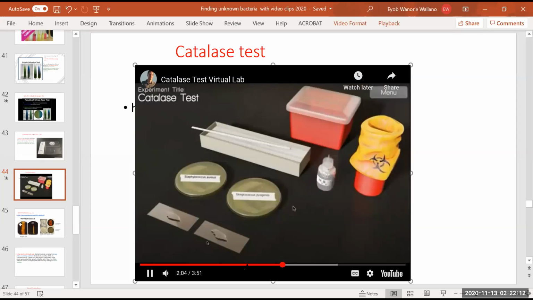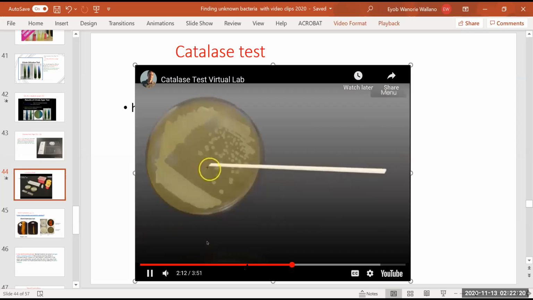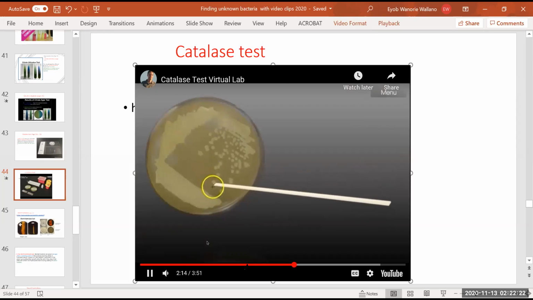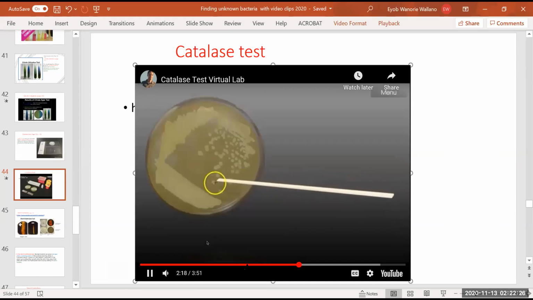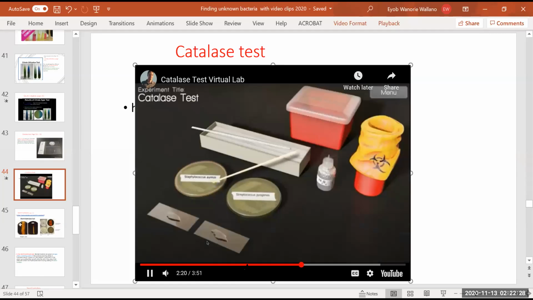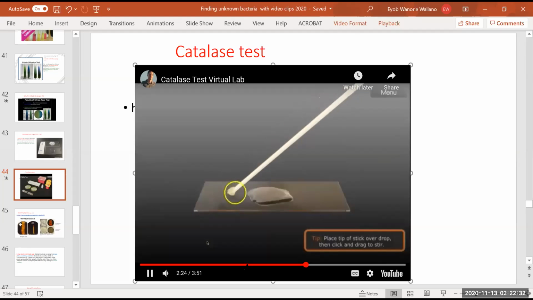Next thing we want to do is take a colony from one of these two and add it to the hydrogen peroxide. So let's see if we can get an isolated colony here. Oop, missed it. Let's try again. There we go. And we'll put it in this hydrogen peroxide.